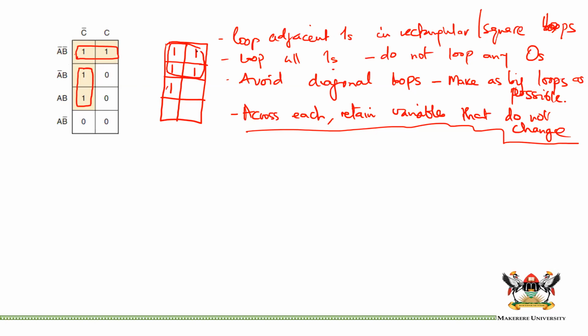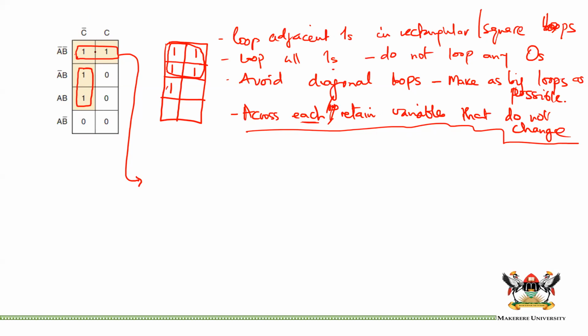But if we had done this, okay, I'm going to get back to this. Let's first do this one, which we've got from the book. Now, how do we get this loop's expression? You can see that vertically, C changes from C inverse to C. That means that variable must go, since it has changed. Across each loop, retain variables that do not change.